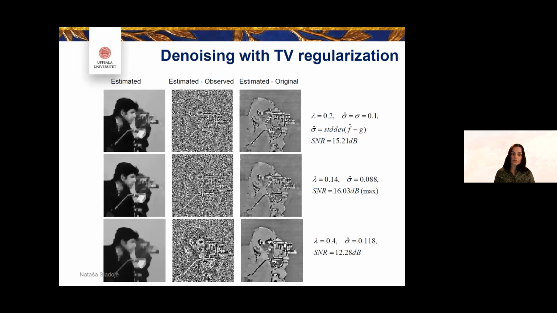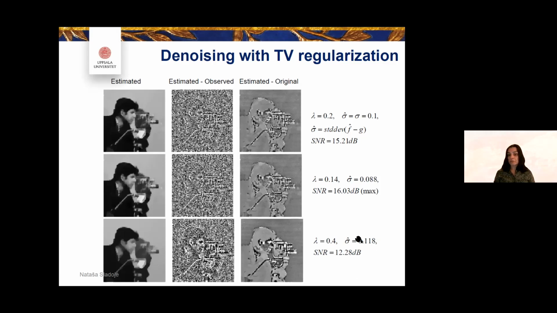We are imposing more suppression of high gradient values, and also by that letting our generated image be more different from the one that we are starting with. That leads to a relatively poor result. The signal to noise ratio is now down to 12. So it's the worst out of these.